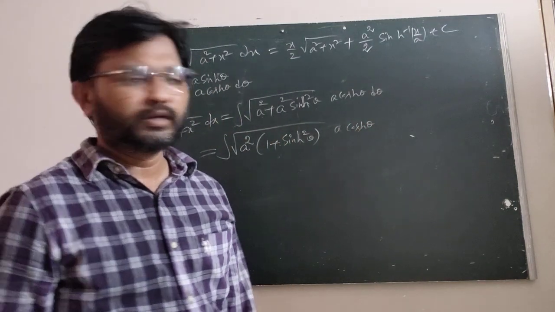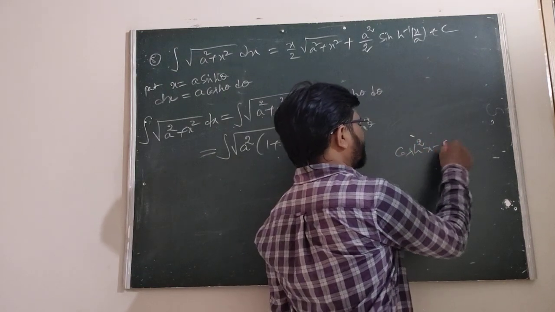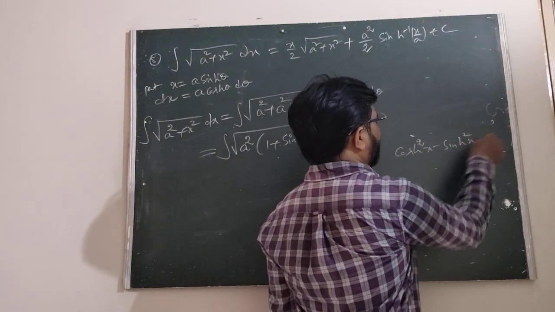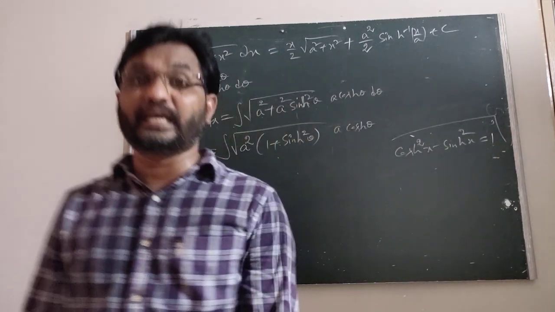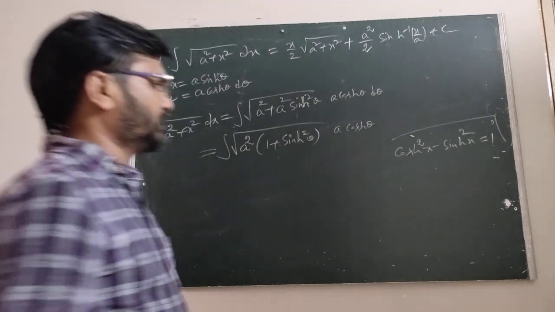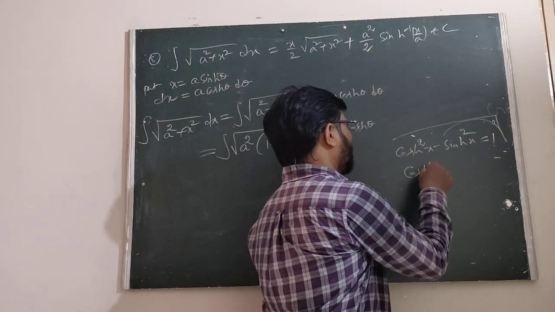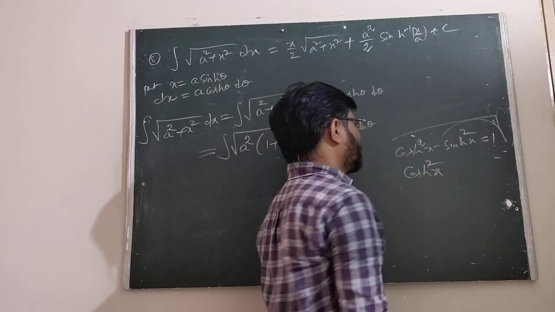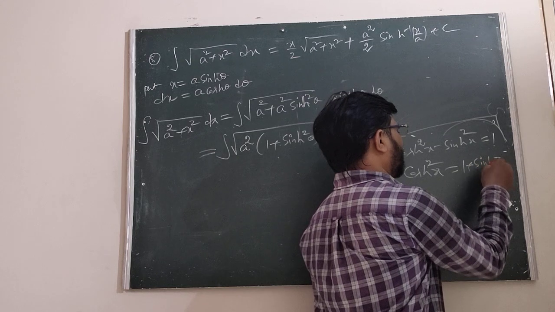We know the formula cosh square x minus sinh square x equal to 1. Sending the term to the other side, we get cosh square x equal to 1 plus sinh square x.